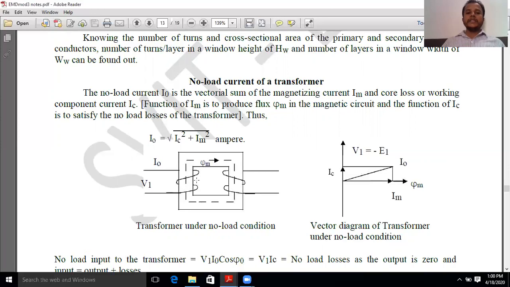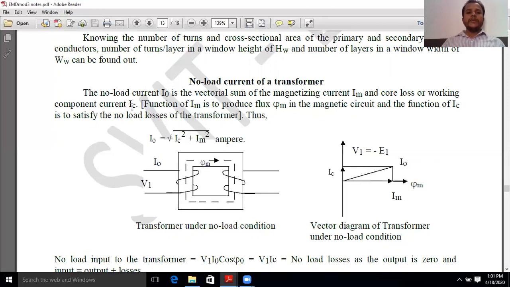This current produces flux, because it is alternating current, and the flux is also alternating. It links with the transformer core and the secondary, and due to this flux linkage an EMF is induced in the secondary. Whatever V1 is, it is equal to E1, but negative.